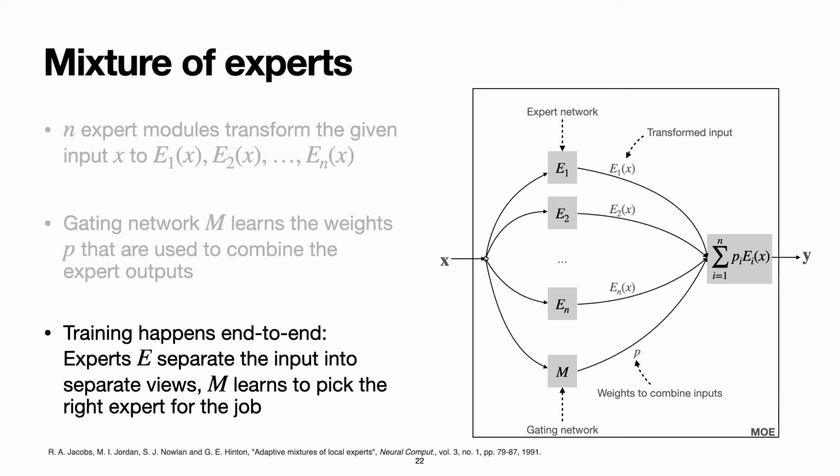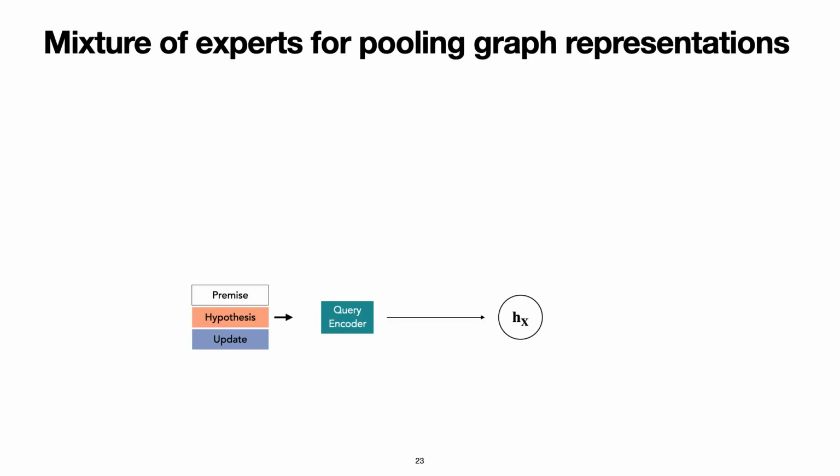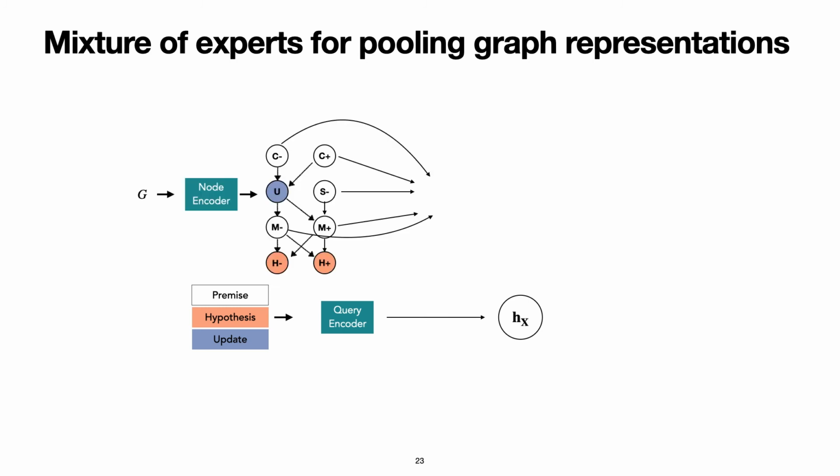The training happens end to end, and the hope is that each expert learns to separate the input into a meaningful view, and then the gating network acts as a manager and can select the right expert for the job. We use two different MOEs. So we encode the query as before, we encode the nodes as before.